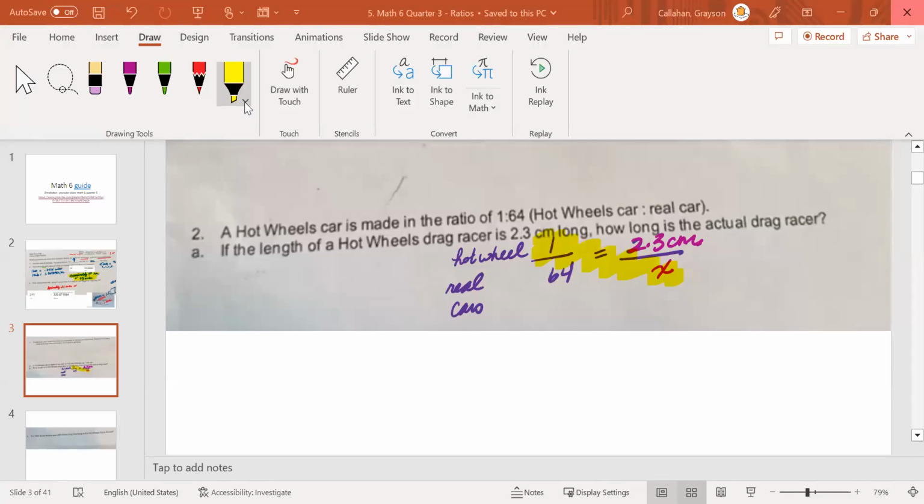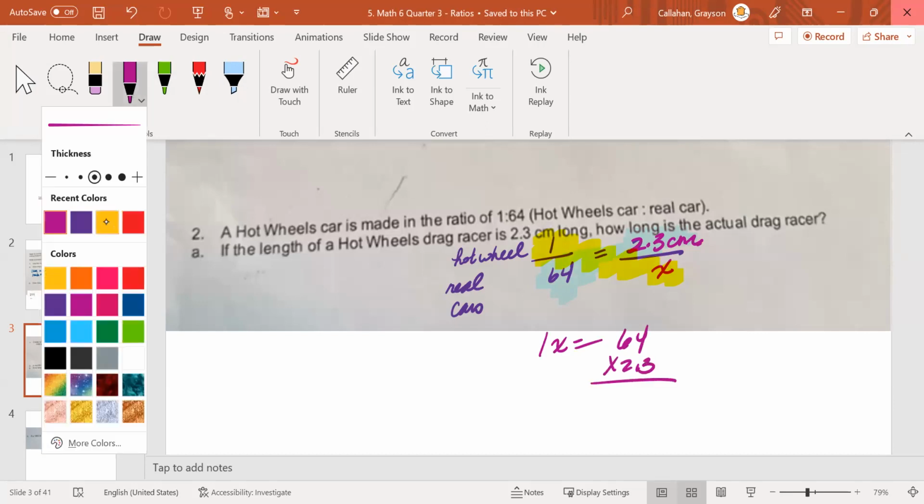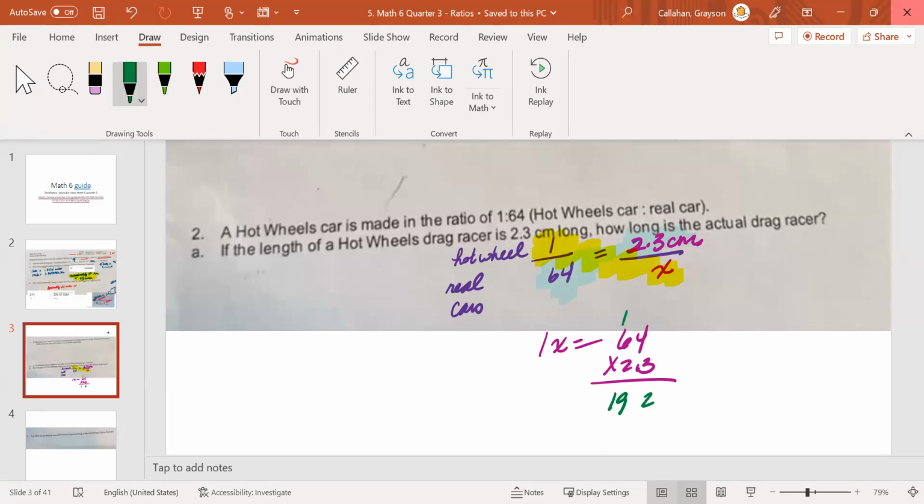So let's go ahead and cross multiply that. So then you have this part multiplied to 64. So you should have 1x equals 64 times 2.3, right? So if you go ahead and multiply that, that'll give you 12, 18, 19, 8, 12, add it, 2, 7, 4, 1. You move the decimal 1 to the right. So you move a 1 to the left to balance it.